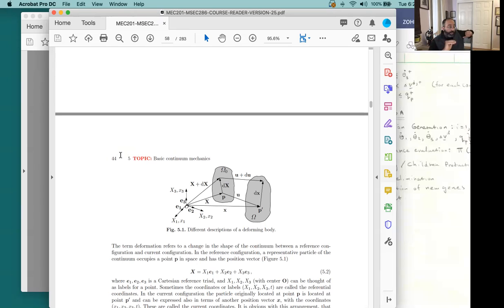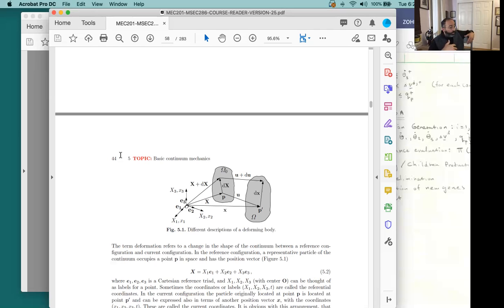So chapter 5 starts to do a hyper careful analysis of deformation, strain, stress. Some of it you may have seen as an undergraduate, if you've had an undergraduate class in mechanics or strength of materials or statics.